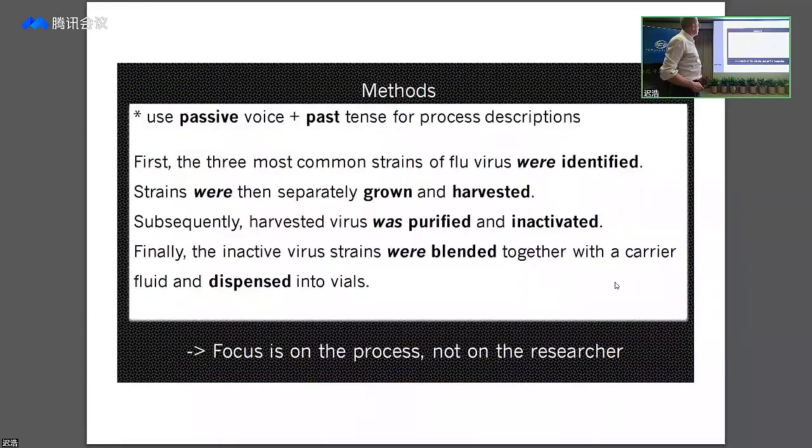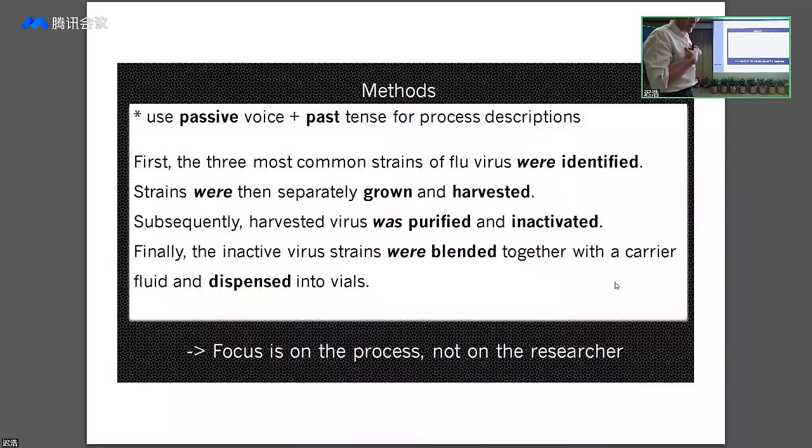So, method section, as I have already mentioned, use passive voice, past tense, whenever you describe what you have done, for all the methods, steps that you have undertaken. Here in this example, you can say first the three most common strains of virus were identified.